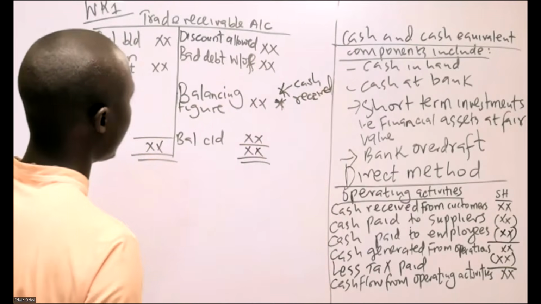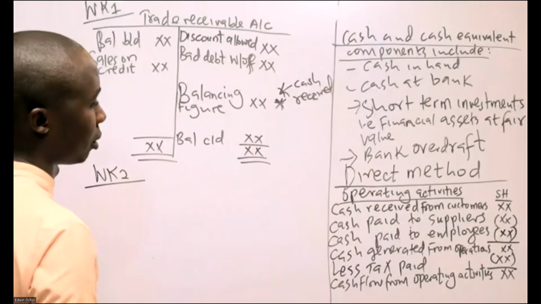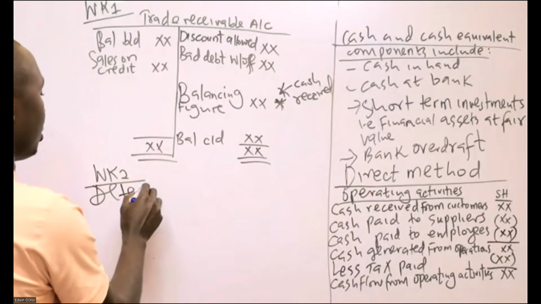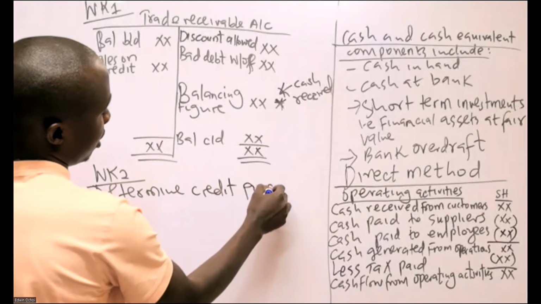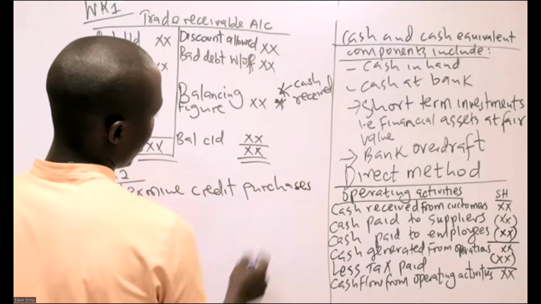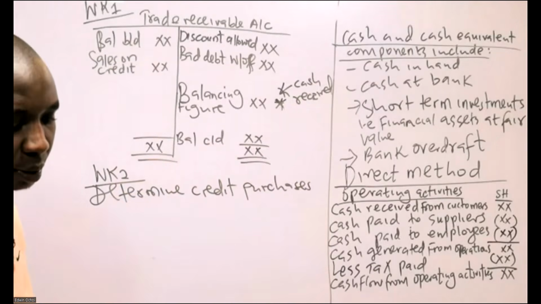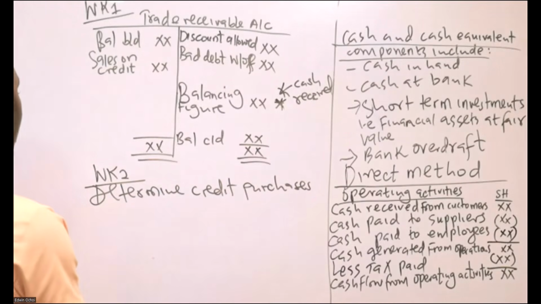Then for the cash paid to suppliers, working two, you will have to do what? The first thing you do is to determine credit purchases, because your suppliers are the ones who will always sell to you on credit. So how will I determine the credit purchases?